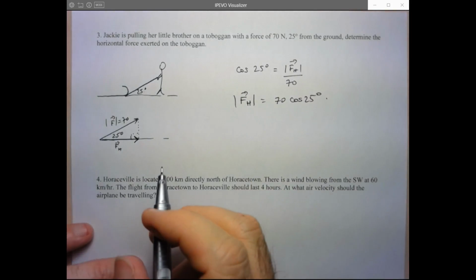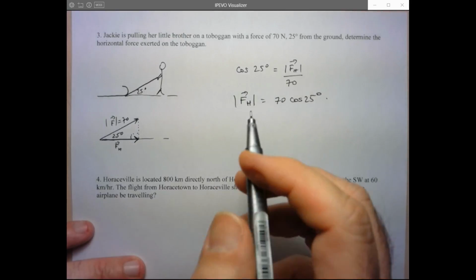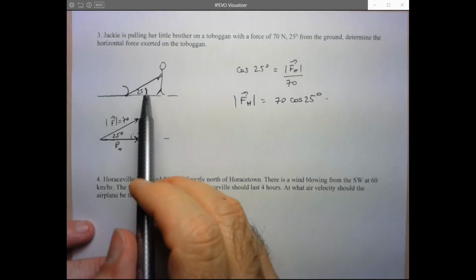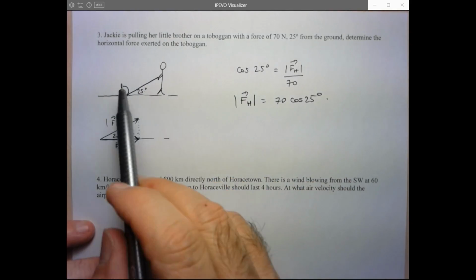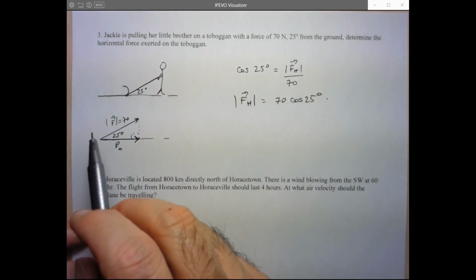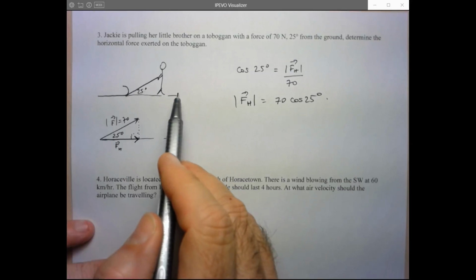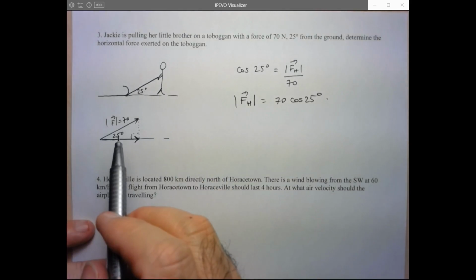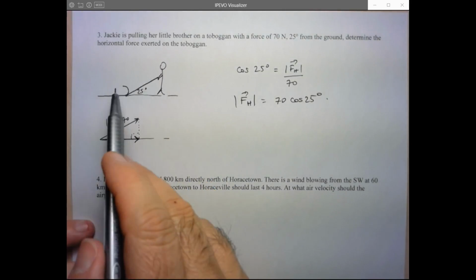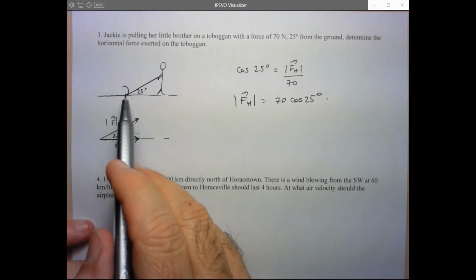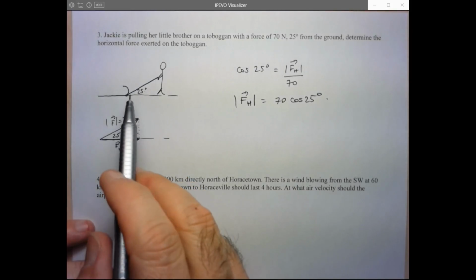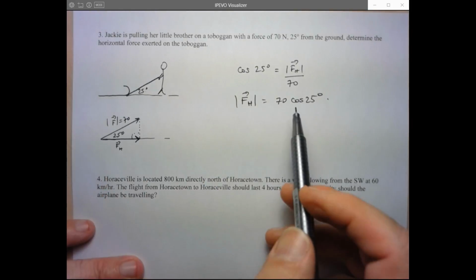Now, before I calculate that, I'd just like to say something here. When you think about it, what would be the most efficient way of pulling this toboggan? I would imagine you would think, well, not pulling at an angle, but pulling it straight horizontally. Of course, that's difficult for someone who's much higher than the toboggan, but that would be the most efficient way to pull it. That also makes sense mathematically, because look at this formula.